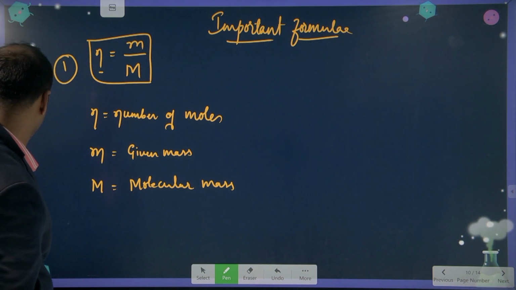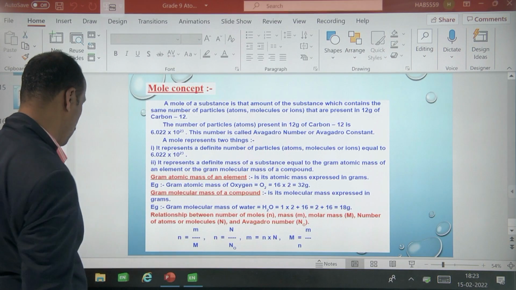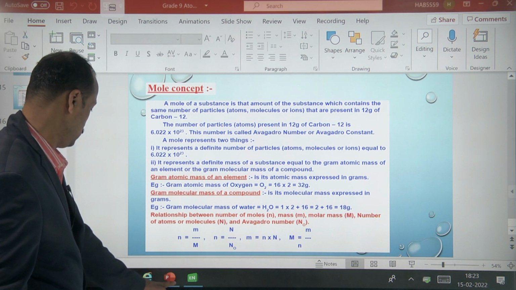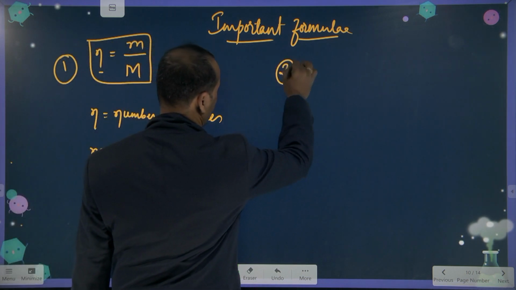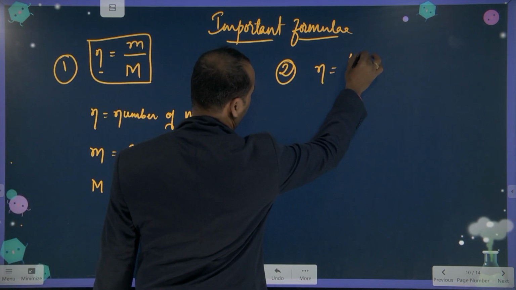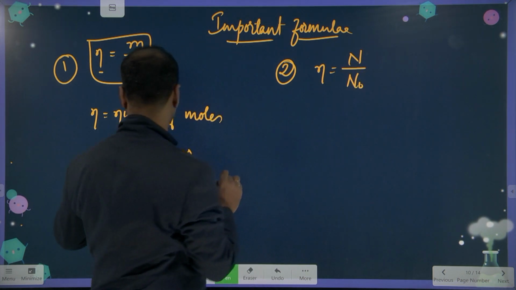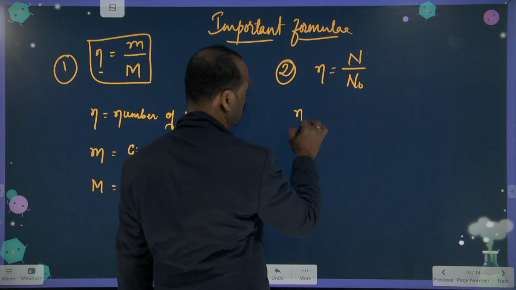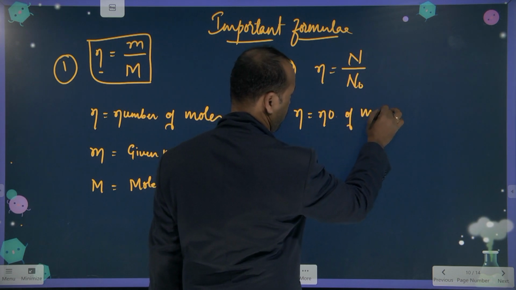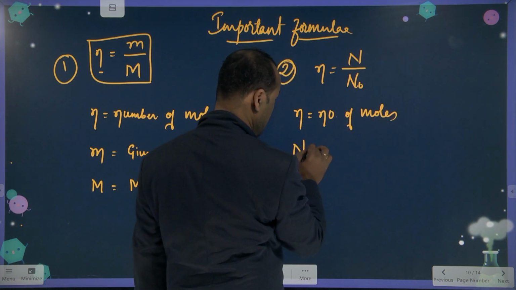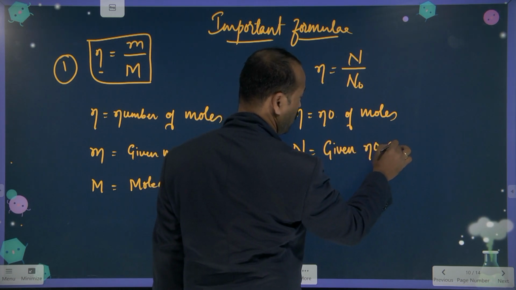Now, second formula. Second formula, n is equal to N by N naught. So here n is again number of moles. So small n is nothing but the number of moles. Capital N is the given number of particles.